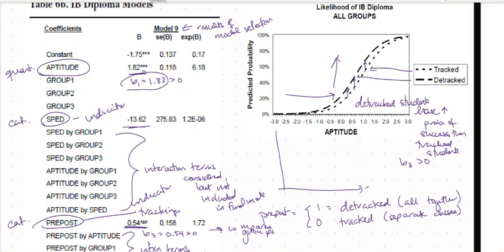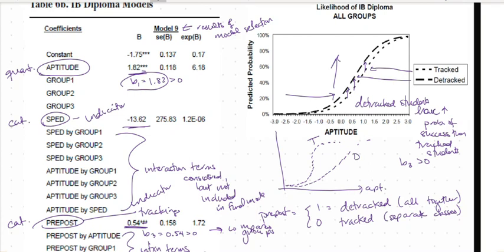So here we would still have aptitude, and we would have two curves for tracked and detracked students, but we might see something like this, where here we've got the detracked students, and we might see something like this for tracked students. So that would just mean that the effect of aptitude is different for one group of students than for the other.